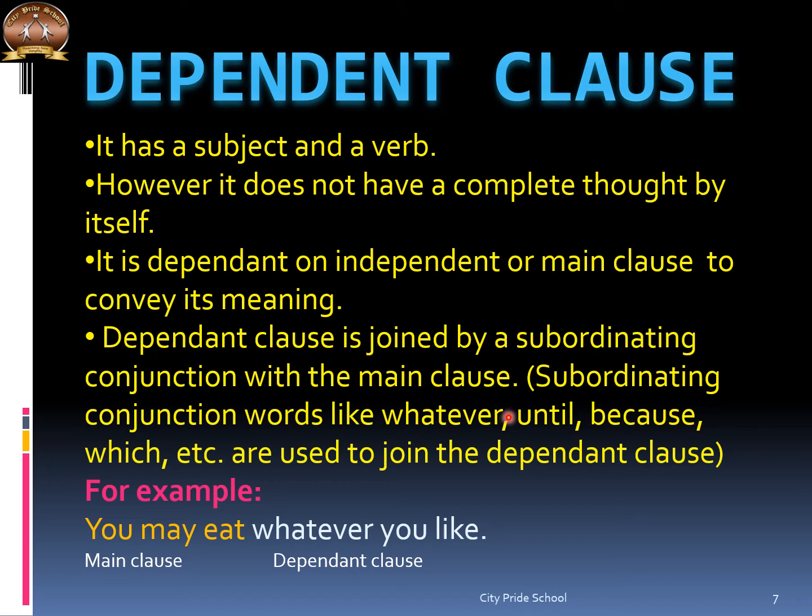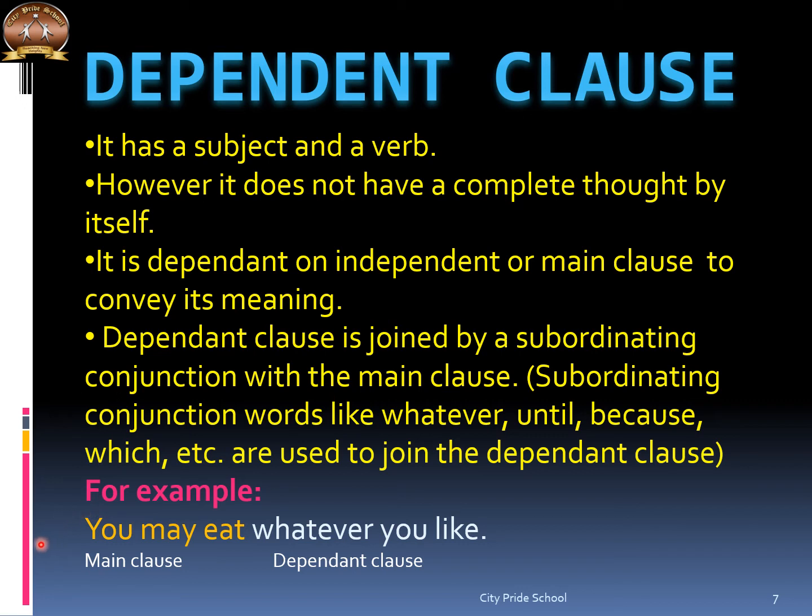Subordinating conjunctions are words like whatever, until, because, which, etc. And these are used to join the subordinate clause with the main clause. Now, subordinating conjunctions we've already learned in lesson number 14, conjunctions. So you can refer back to the video links provided.